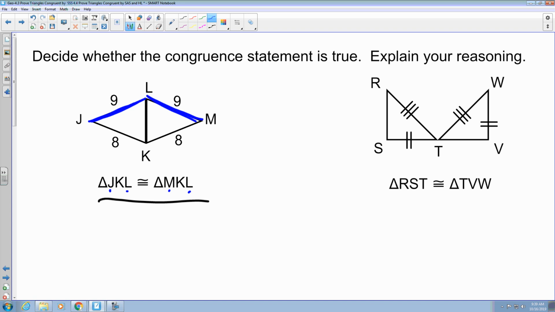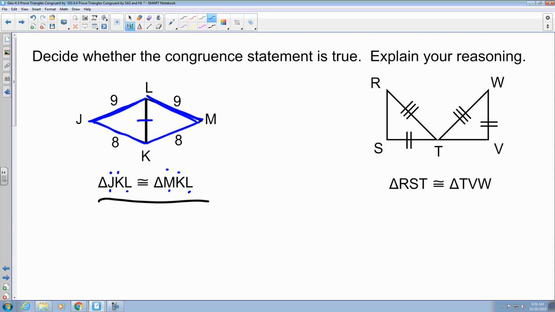So I can say that, yep, that works out. And then JK, which is 8 right here, that's first and second. Well, MK is also 8, first and second there, so that's good. So we found two pairings that were the same. And then finally we noticed that LK connects both triangles, so that's part of the reflexive property.